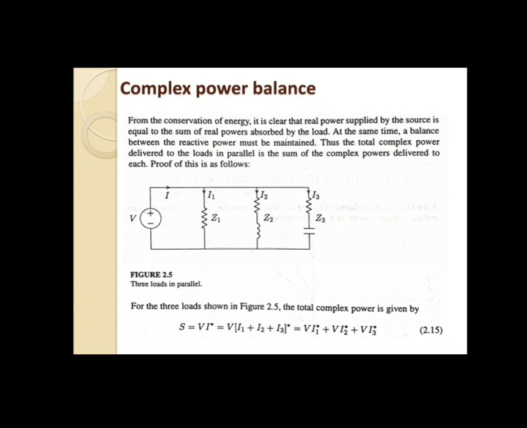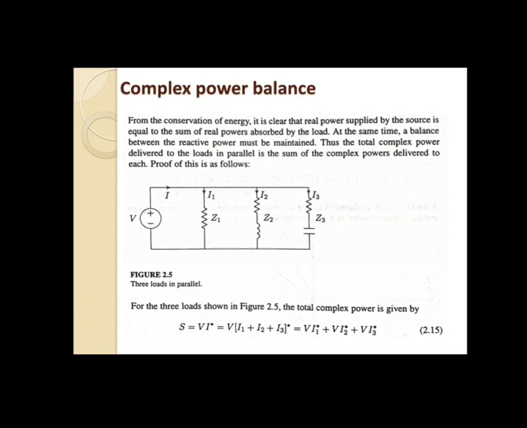Next one is the complex power balance. This is the figure for the complex power balance. How can we derive the equation for the complex power balance? From the conservation of energy, it is clear that the real power supplied by the source is equal to the sum of real powers absorbed by the loads. Whatever current flows from the source side is the summation of all the currents consumed by the load side.